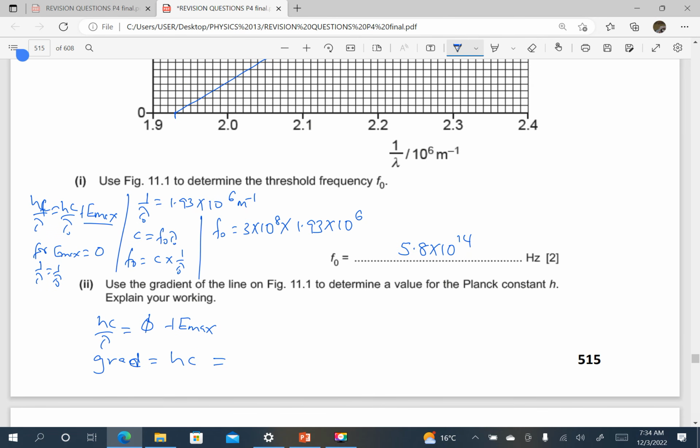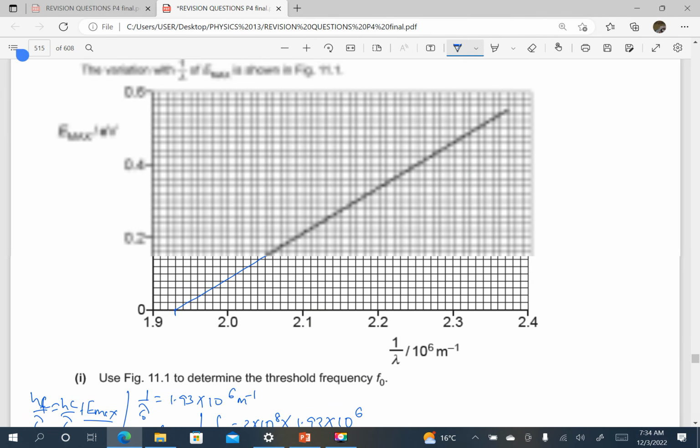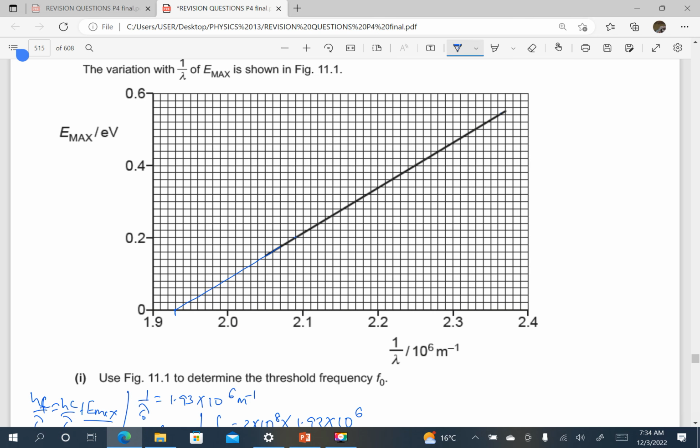I'll take 2 points from the graph. So I will take 0.2 and I will take 0.4 on the vertical axis. So I have 0.4 minus 0.2. This is in electron volts, so I'll multiply this by 1.6 times 10 power negative 19.